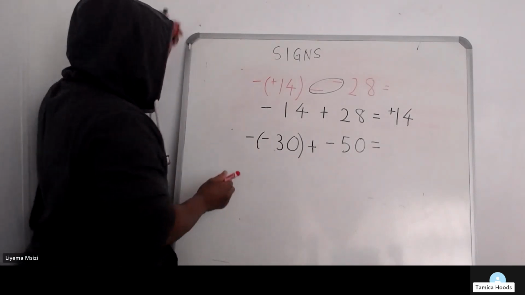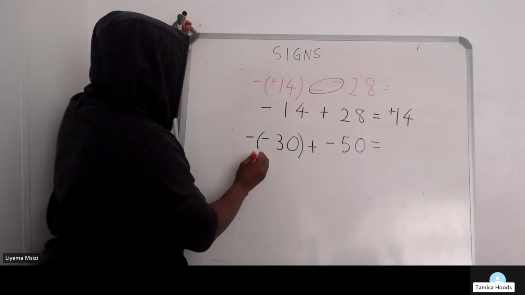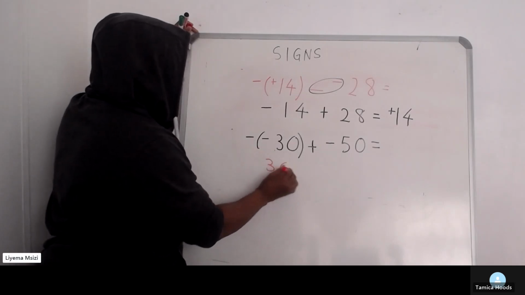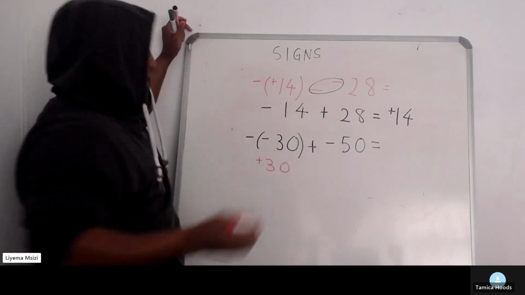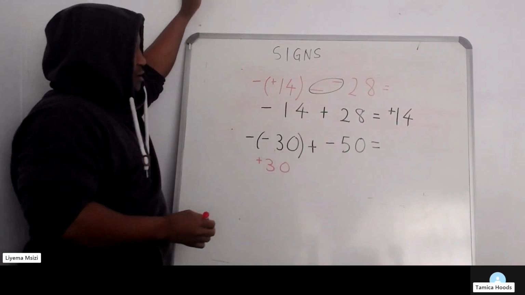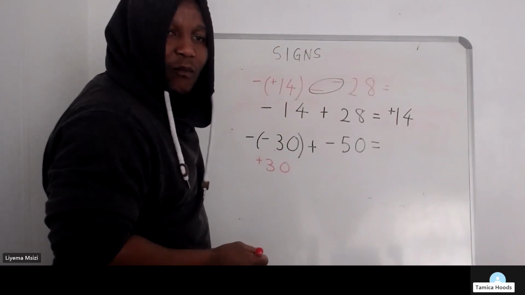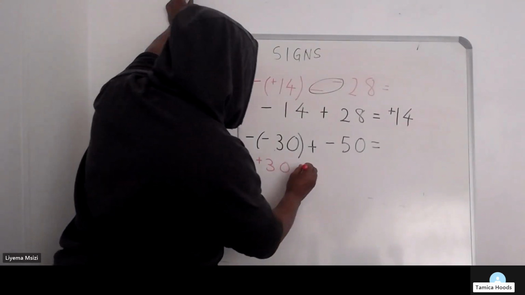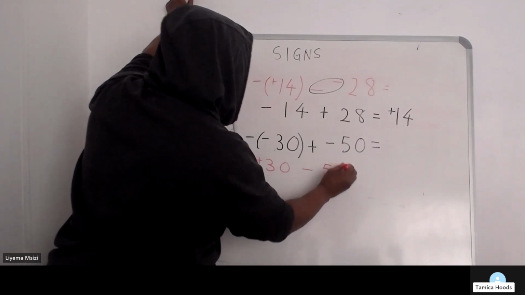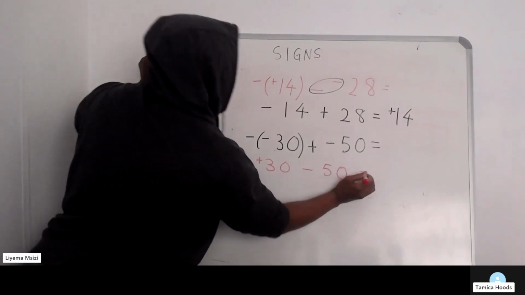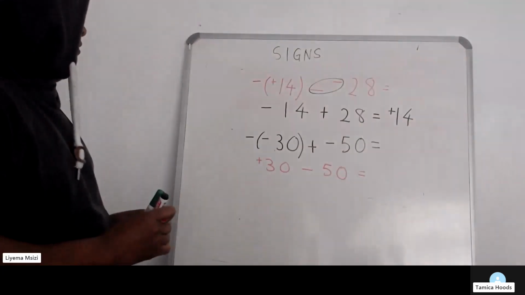The first one by the 30, that is the same, so that would be a positive 30. Even if I don't write it, it's good to say positive 30. And then the next sign is a plus and a minus, which is going to be a negative 50.